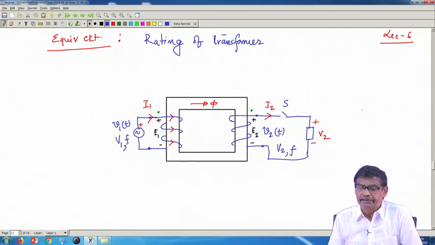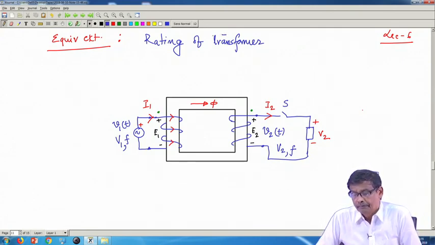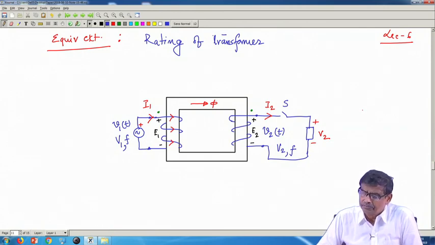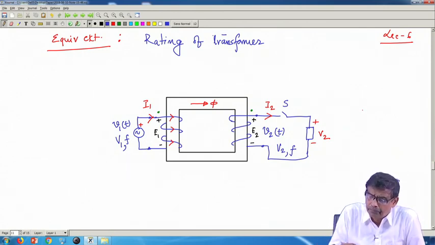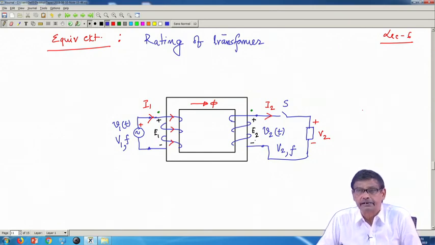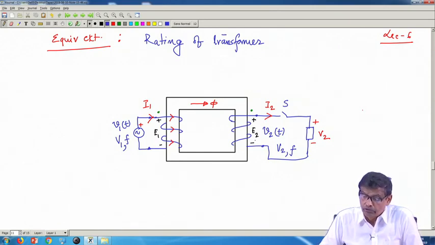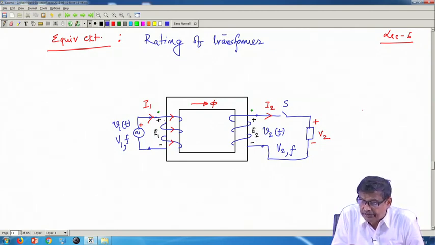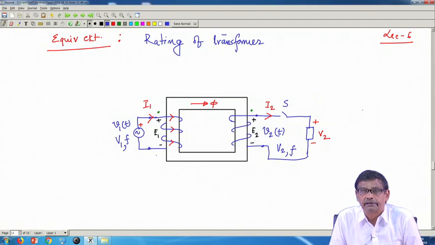If you look at the rating of a transformer, what will the ratings be? The voltage rating of the two sides must be specified. How much voltage should you apply to the primary side, how much to the secondary side, and so on. And also, what is the current carrying capacity of the coils on both sides.